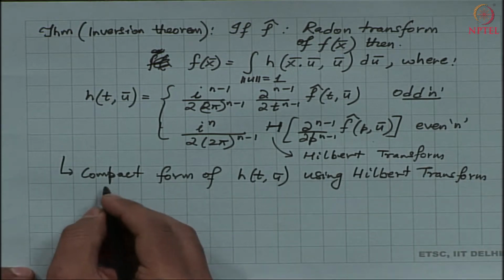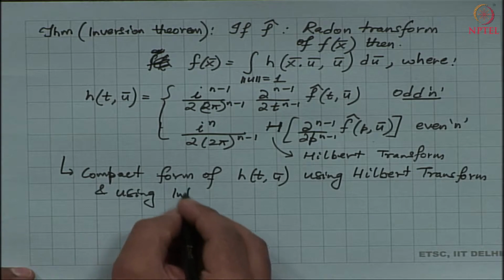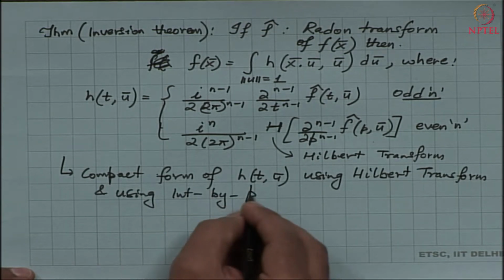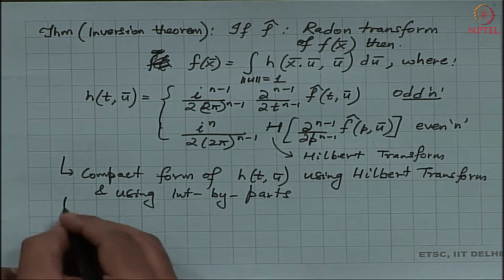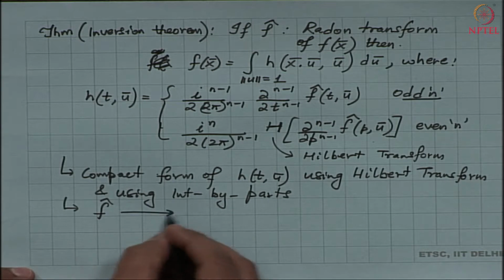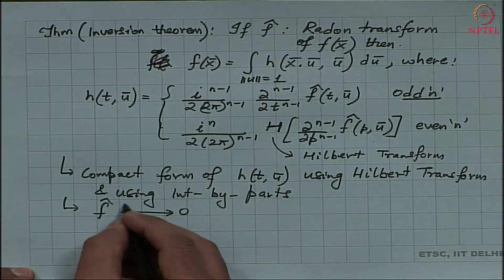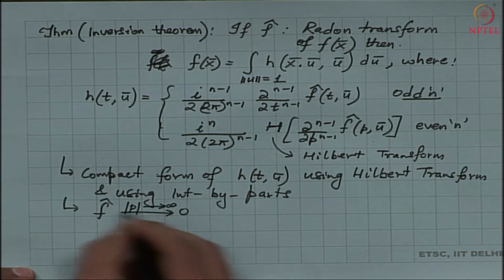Okay. And using integration by parts, and also I have used the fact that my Radon transform vanishes for the case where my hyper surfaces reach infinity or minus infinity.